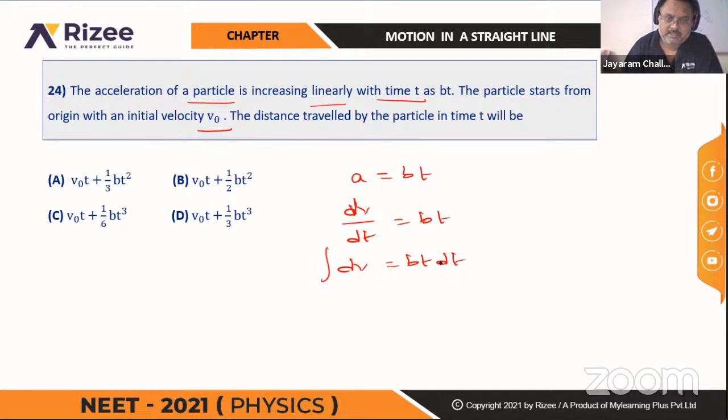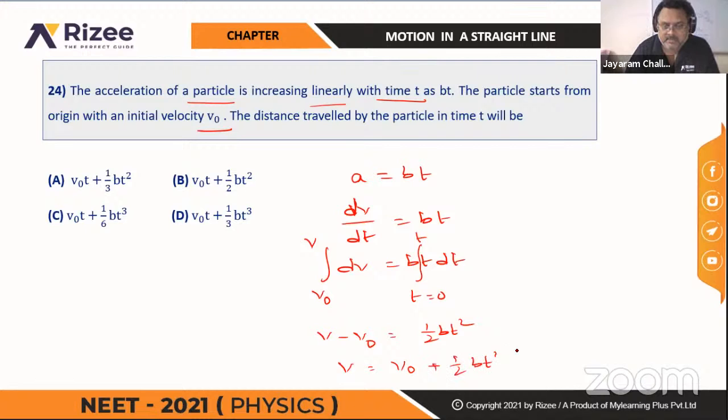So integrate this on either side within the limits, from initial velocity v naught to v, and t is equal to 0 to t seconds. So this will be v minus v naught is equal to half b t square. From here, velocity v can be written as v naught plus half b t square.